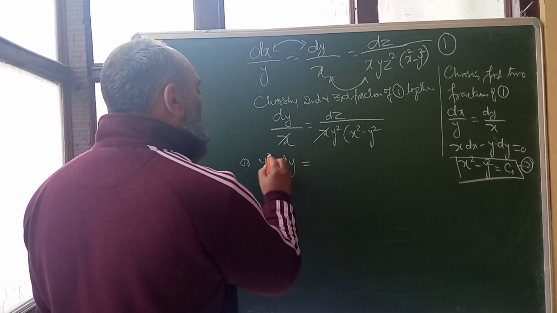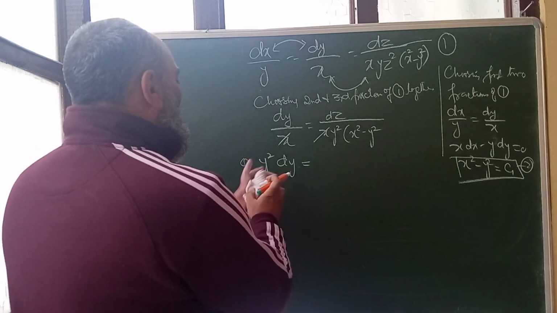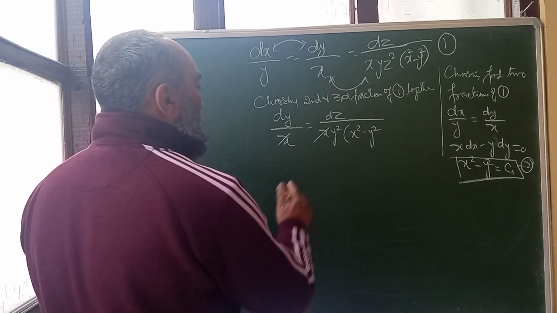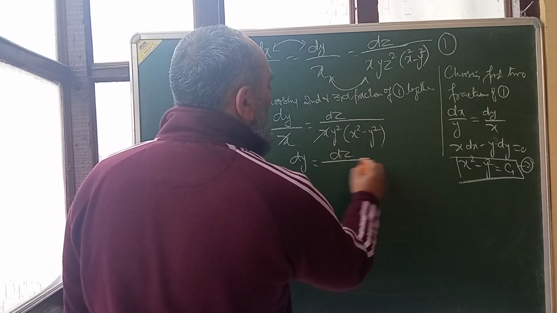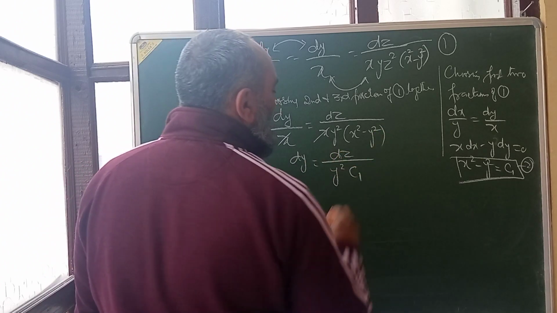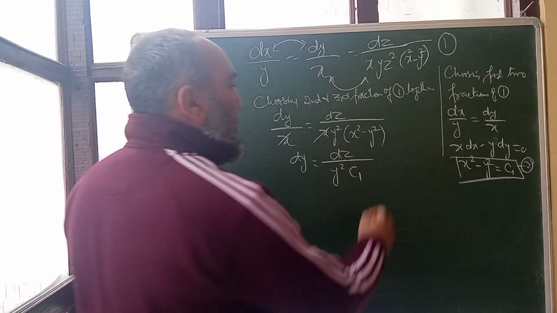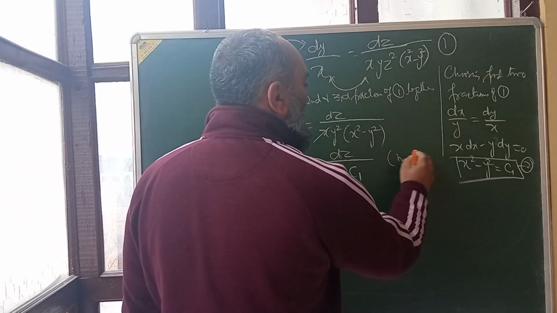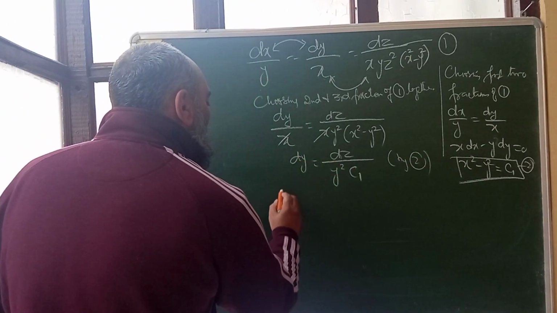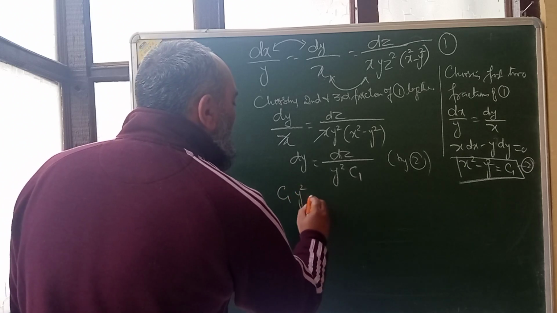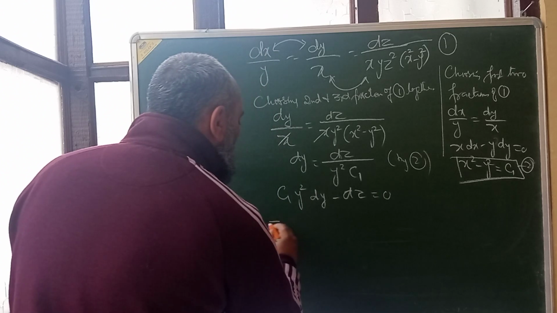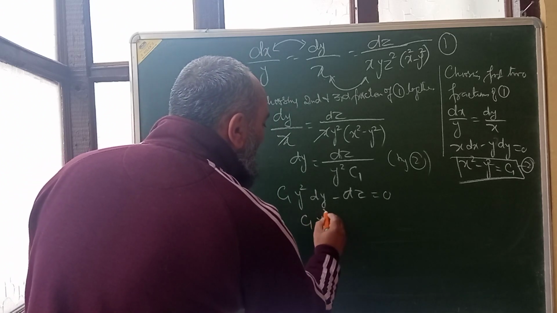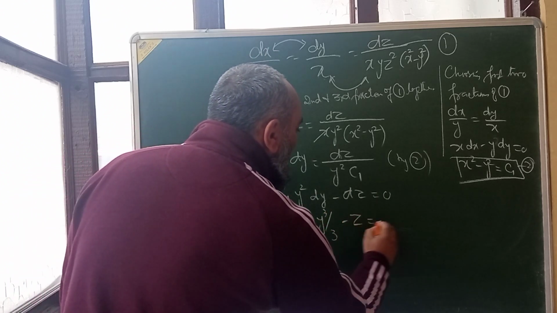I will use one more step. dz upon y square c1 by 2, or c1 y square dy minus dz is equal to 0, which gives us c1 y cube by 3 minus z equals c2.